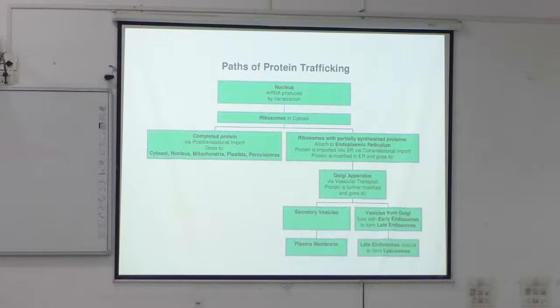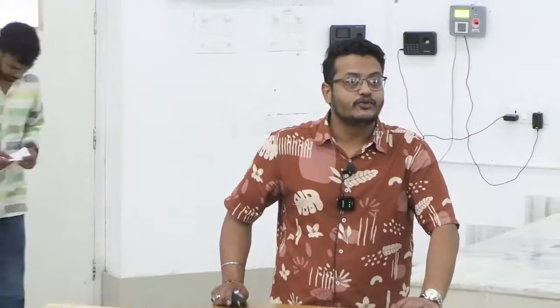So if we are targeting a protein specifically to mitochondria or the nucleus, does the protein have to be targeted while it is getting synthesized or once the protein synthesis is over?